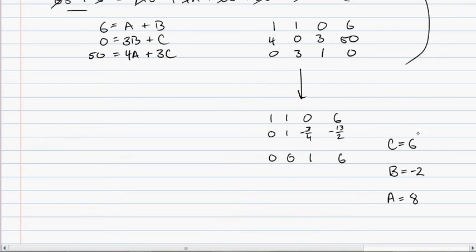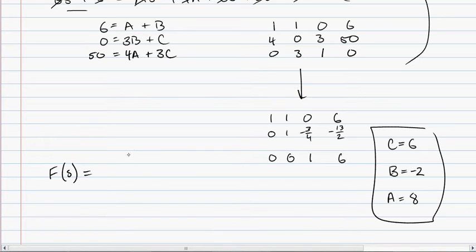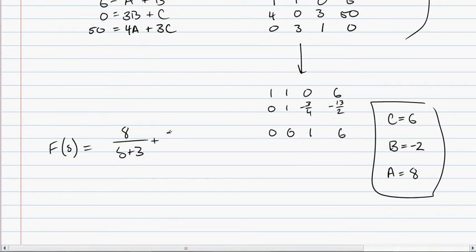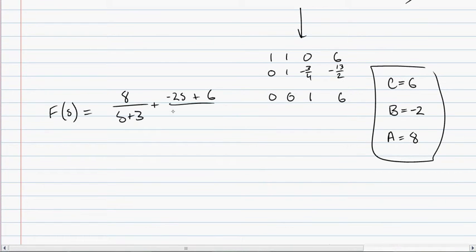So using these three, we get f of s is equal to 8 over s plus 3 plus negative 2s plus 6 over s squared plus 4.